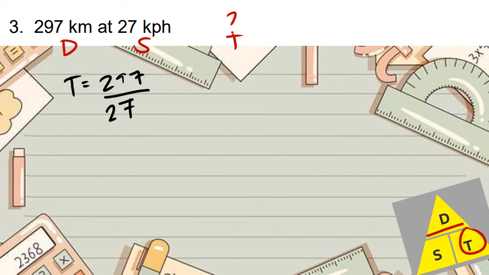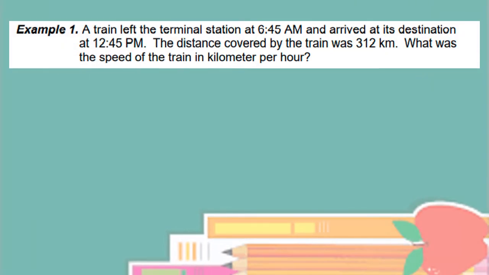And what's 297 divided by 27? That's 11. So time is equal to 11. So that's kph for speed and h stands for hour. So we will use hours. 11 hours. Okay. Next, let's try some word problem.